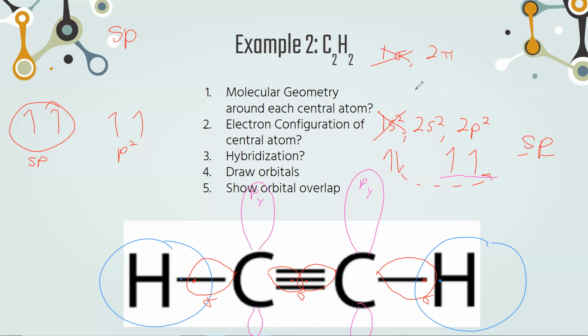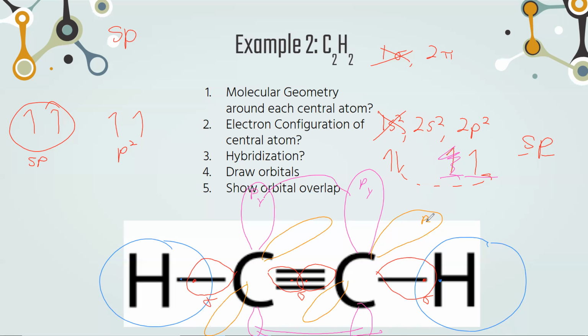Okay. So we have sharing happening between our py's. And again, I know it's a little hard to see on the bottom. But that only accounts for 1 of our remaining p's on each carbon atom, right? So in addition to that, we need a pz orbital, which I'm drawing at a diagonal because it's in the z plane.